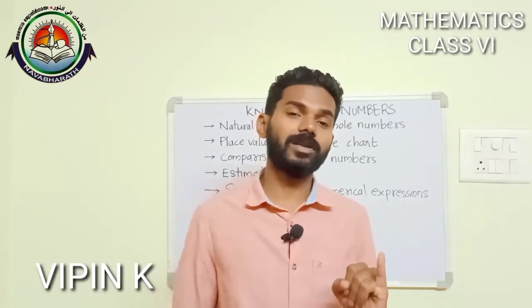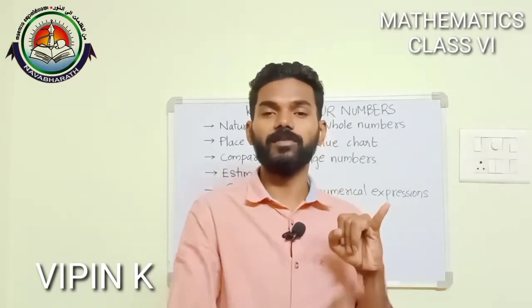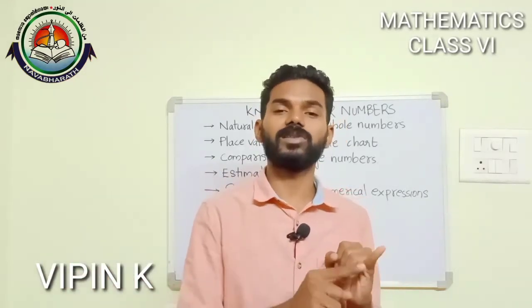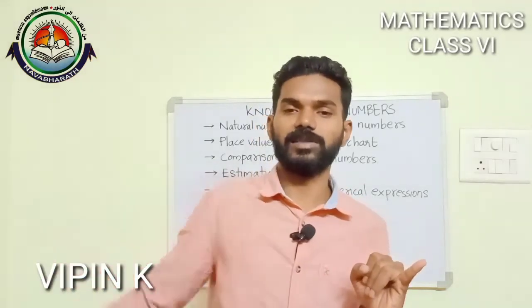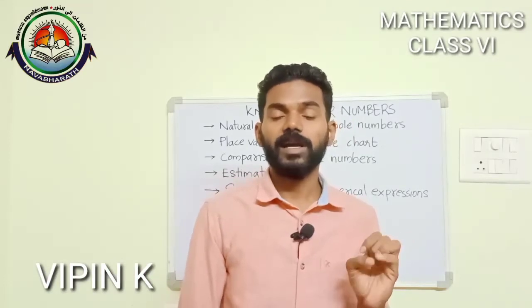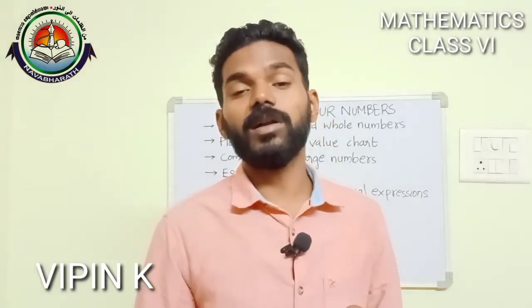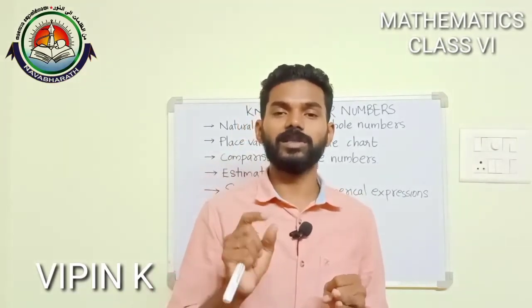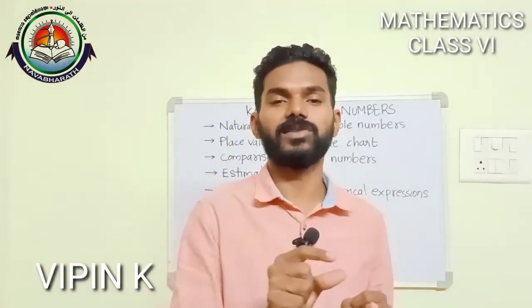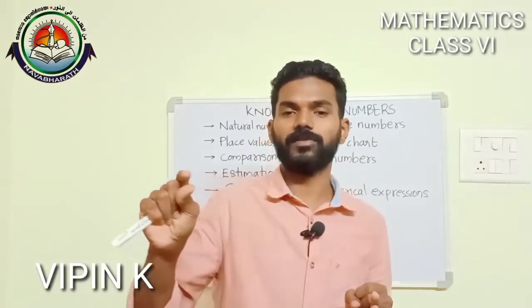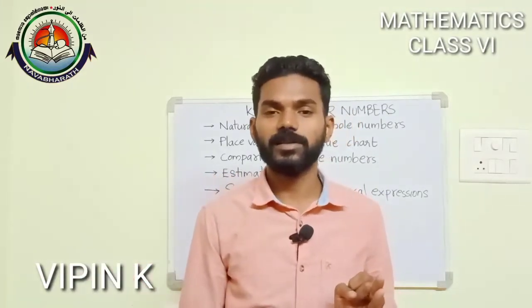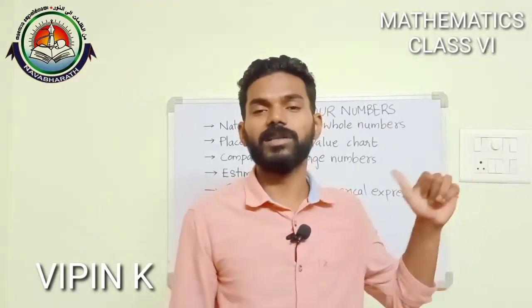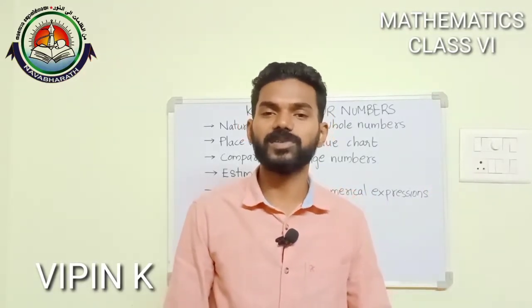Where does a natural number start? It starts from 1 and it does not have an end. It goes like 1, 2, 3, 4, etc. And whole numbers start at 0, and also do not have an end. It goes like 0, 1, 2, 3, 4, 5, 6, etc. Clear? So that's all about natural numbers and whole numbers.